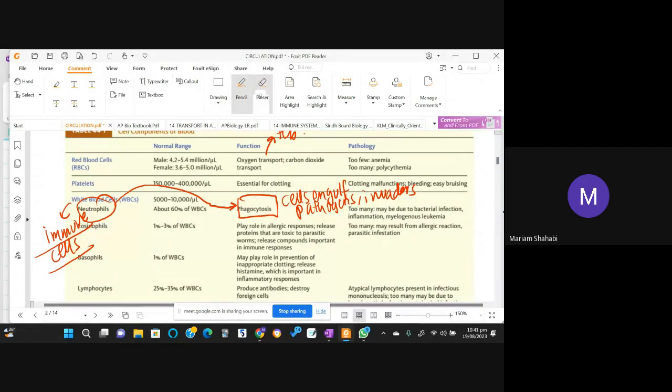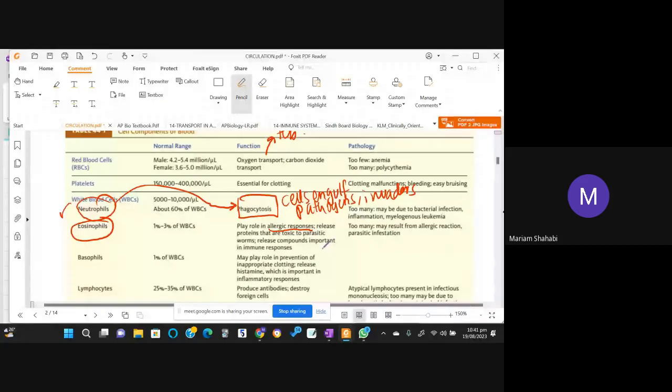Eosinophils, let me erase this part. Eosinophils क्या करते हैं? They are important in allergic responses.